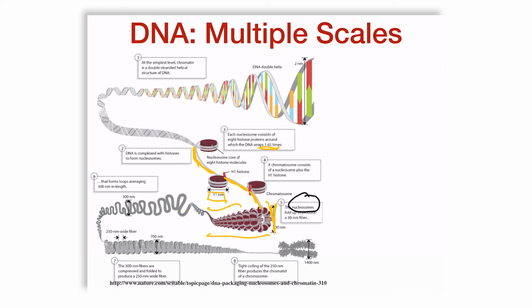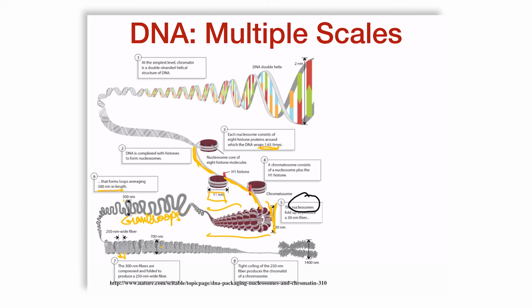That in turn forms loops averaging 300 nanometers in length, and these are then loops, sometimes called giant loops, which then themselves are organized into 250 nanometer wide fibers, the thickness of these fibers, with a diameter of 700 nanometers.